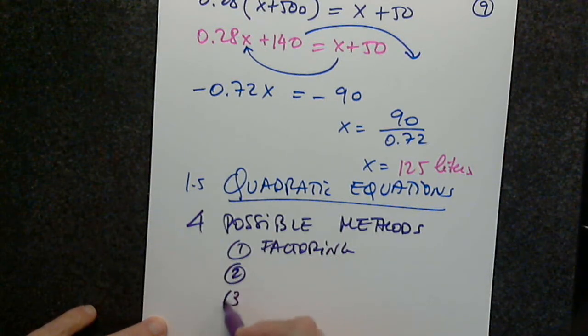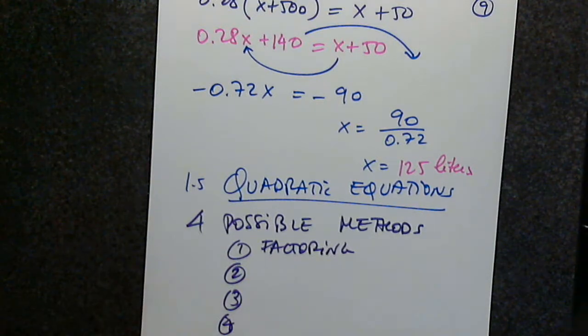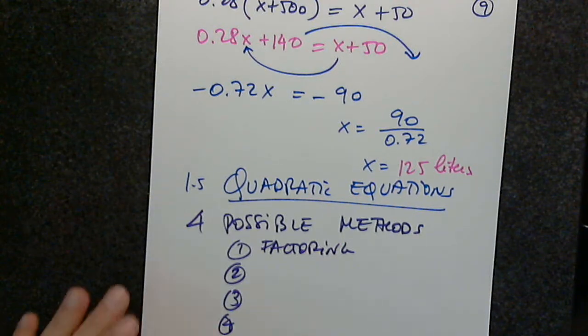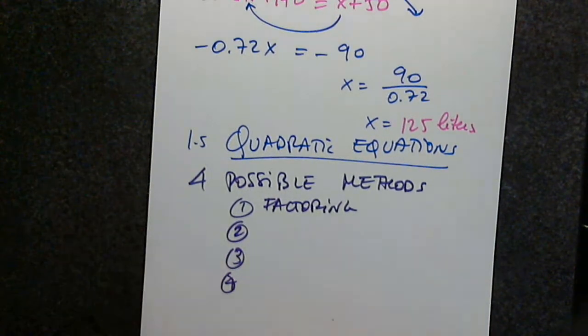And we have number 2, number 3, and number 4. We're not going to get to 2, 3, and 4 today, but we will practice the first one. Before I list 2, 3, and 4, I'm going to ask you, do we really need 4 different methods? Really 4? What's wrong with 1?